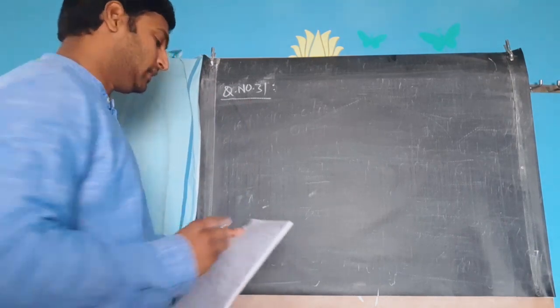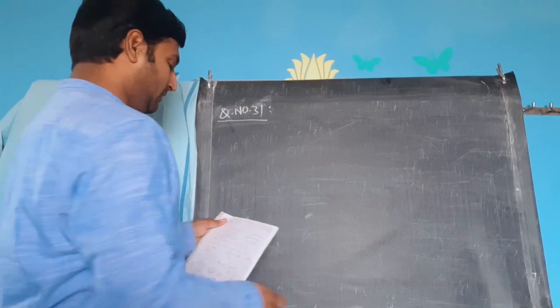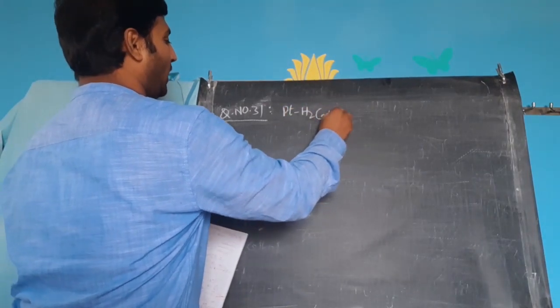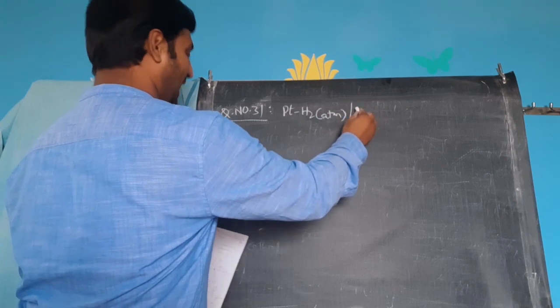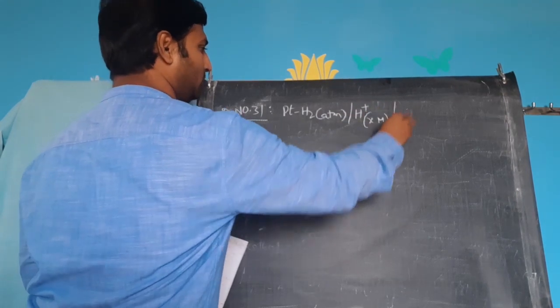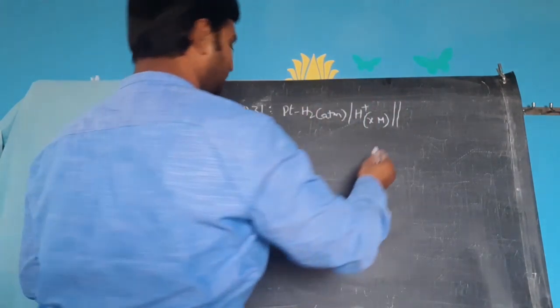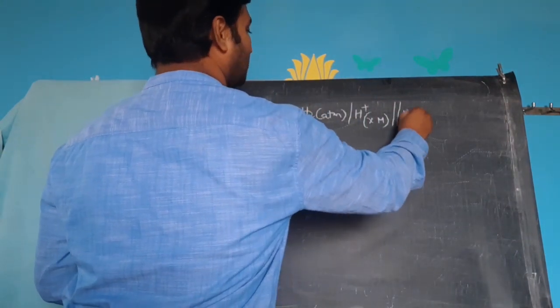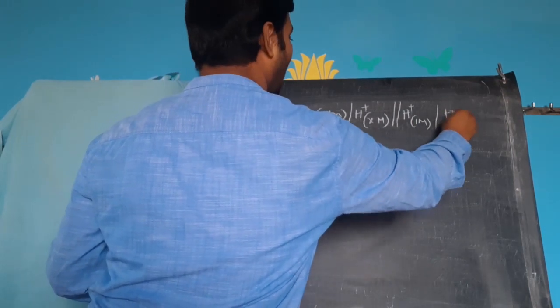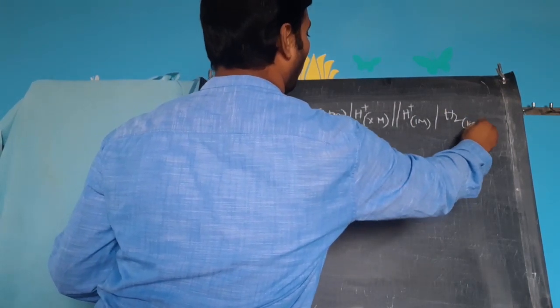If you check question number 31, there is a cell given where hydrogen at 1 atmosphere slash H plus with some X molar concentration double slash H plus with 1 molar concentration slash hydrogen at 1 atmosphere.